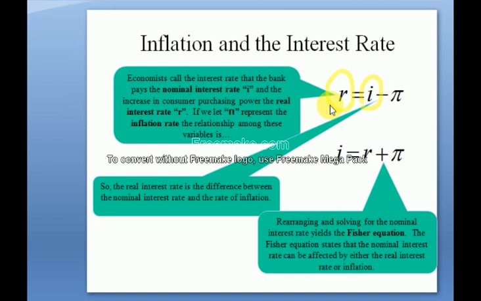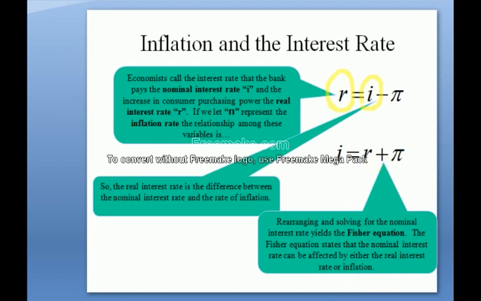So this I, the nominal interest rate, refers to the interest rate before taking inflation into account. In the formula we can see that in the nominal interest rate, pi is included.